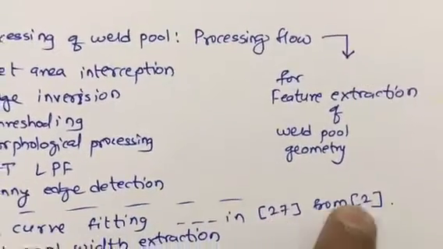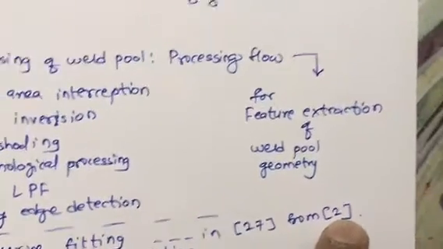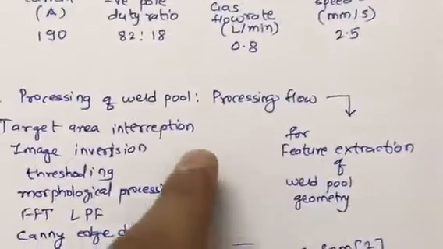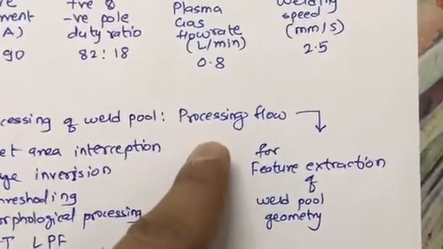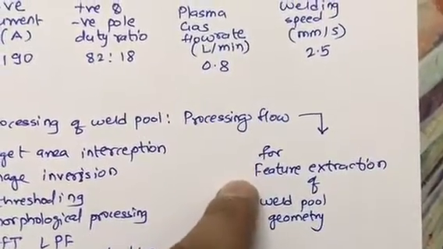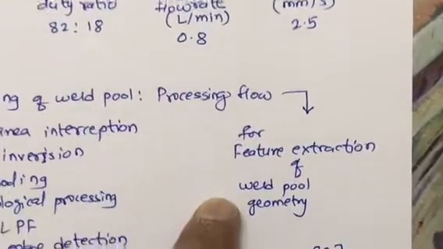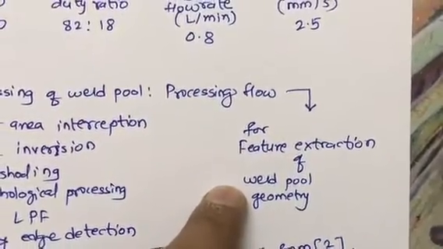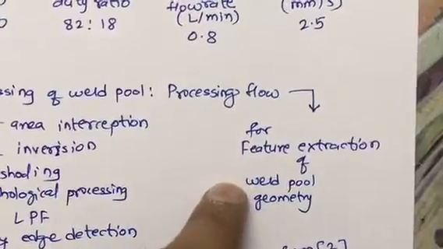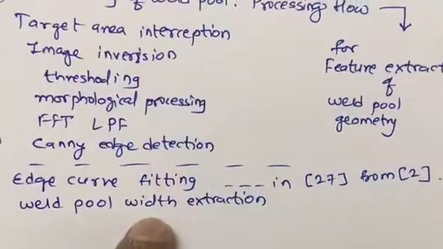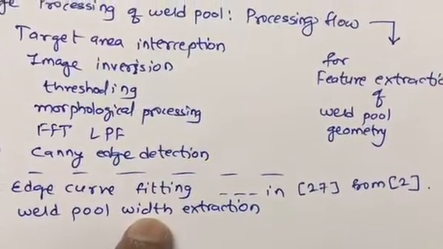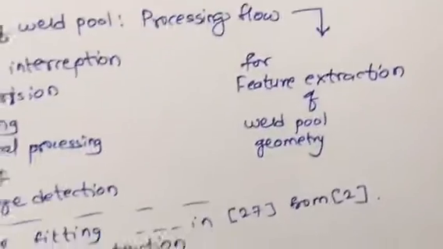This reference 27 is mentioned in reference 2. Now this image processing of weld pool is done for feature extraction of weld pool geometry. So this is an important part. From the weld pool geometry they find out the physical dimension, that is width extraction.